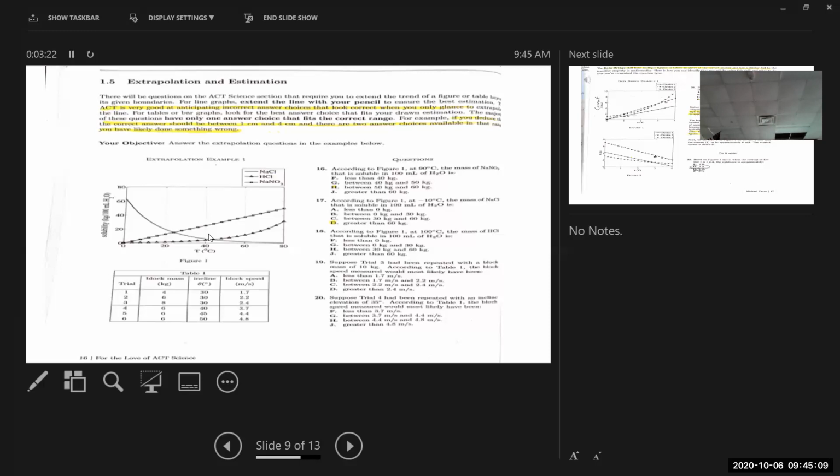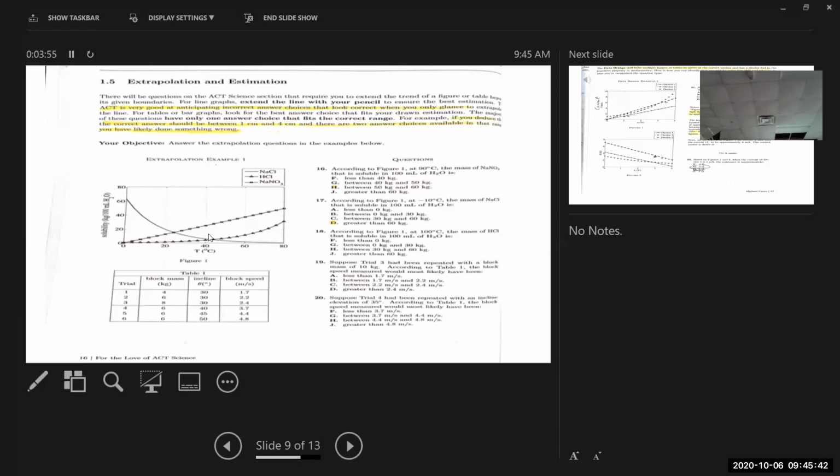How do I know I need to use the data bridge strategy? What's the question going to say? Anybody know? The question will ask you to look at more than one table or graph. That's the first way you know, and I want everybody to write this down.